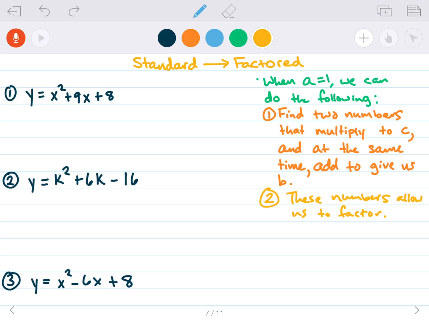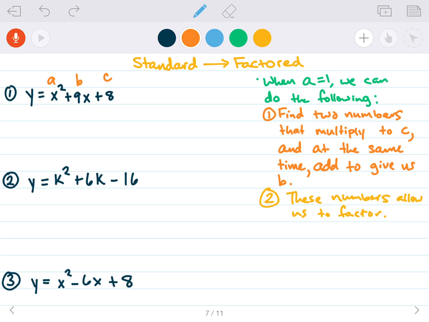Now we are in standard form because we see A is 1, B is 9, and C is 8. Since A is 1, we can use this trick right here. If A is not 1, we cannot use this trick, but we're going to talk in the next video about how we can do something else. So, okay, here's the trick.